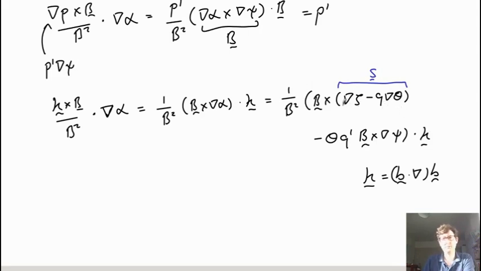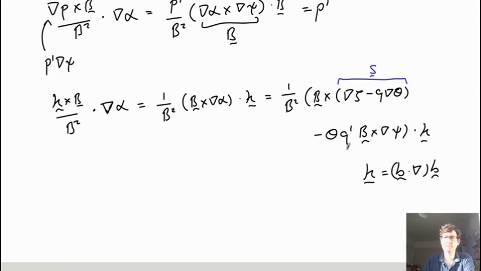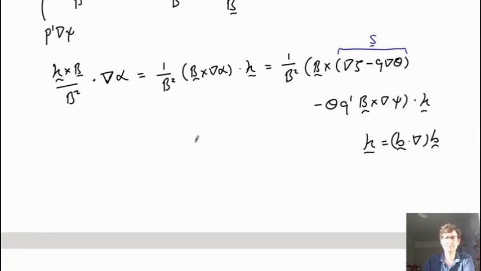So here we have this term b cross s dot kappa. That's going to be the component in psi, and then we have a component here which is b cross grad psi, which is going to be the binormal or geodesic curvature, because this is a curvature which is orthogonal to both the magnetic field and the radial coordinate, and so it's a curvature which is within the flux surface, sometimes called geodesic curvature.